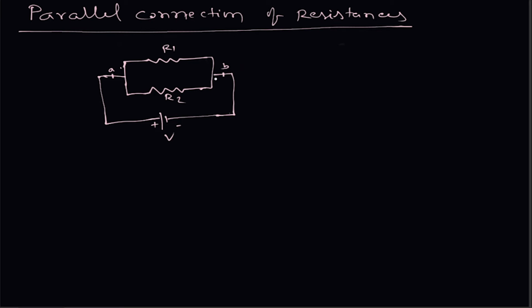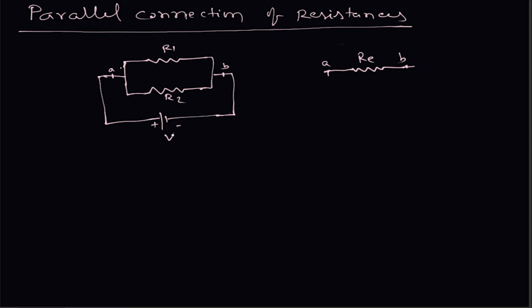Now we have to find the equivalent resistance of these two resistances. Equivalent resistance means if a resistance is connected in place of R1 and R2, that is, this parallel circuit from A and B is removed, and in its place we connect an equivalent resistance of value Re, then the condition of the circuit will remain the same.